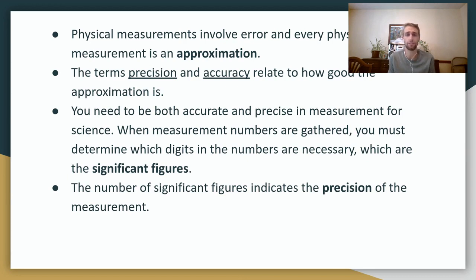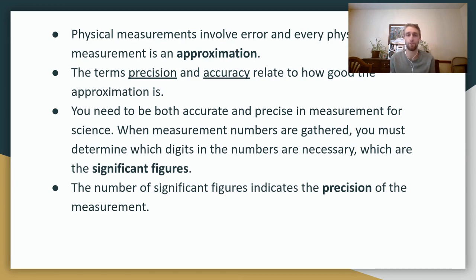You may have heard of this term called significant figures. I'm not going to fully explain that. If you take another science class, particularly chemistry, you'll learn a whole lot more about significant figures. But that just means that scientists treat numbers a little bit differently than math people do.